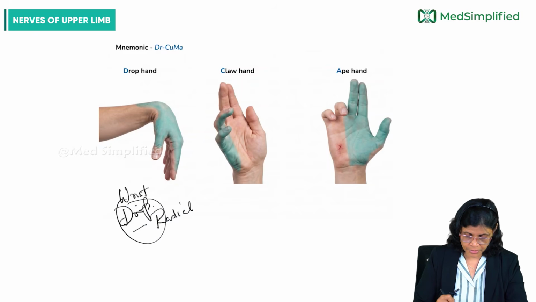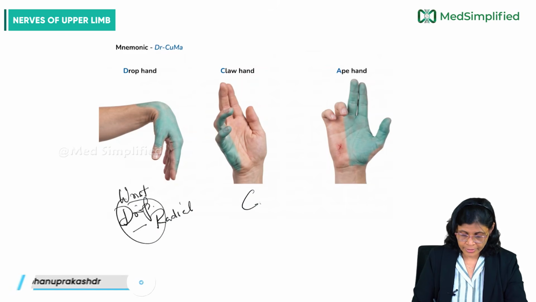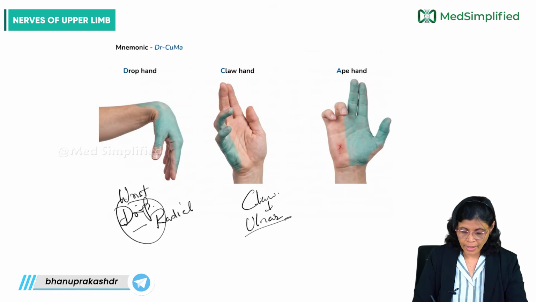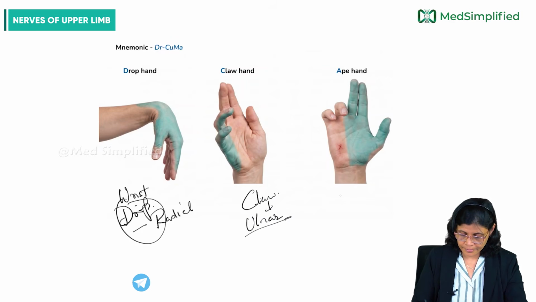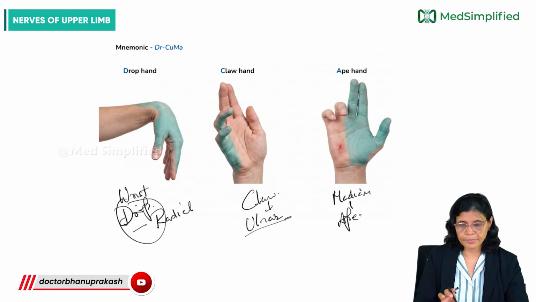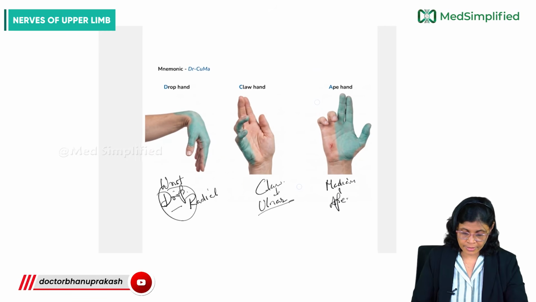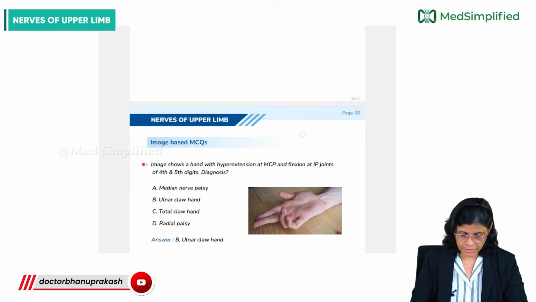C is claw hand, mainly the ulnar nerve. And median nerve, we have the ape hand deformity. So that is just to remember the injuries.